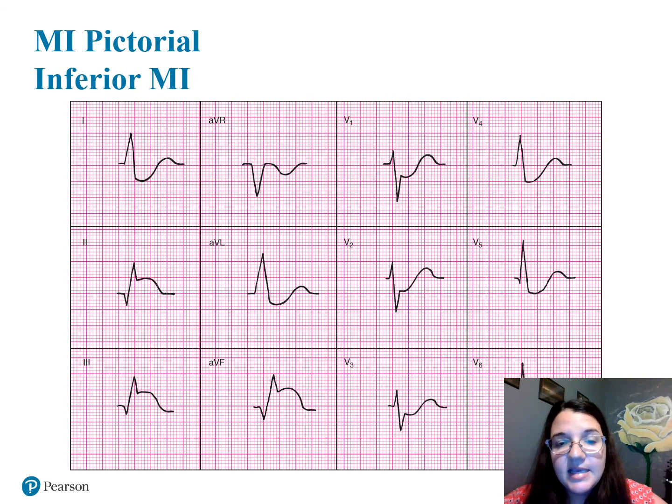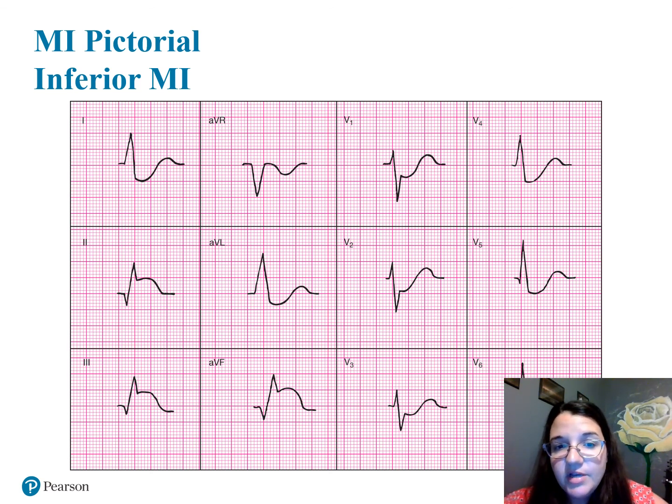Okay, so again, what you're doing is you're looking for ST elevation or depression, and yet you're looking at its reciprocal changes, its opposites. So notice in lead 1, I have ST depression, but in lead 2 and lead 3, I have ST elevation. I also have convex, right?